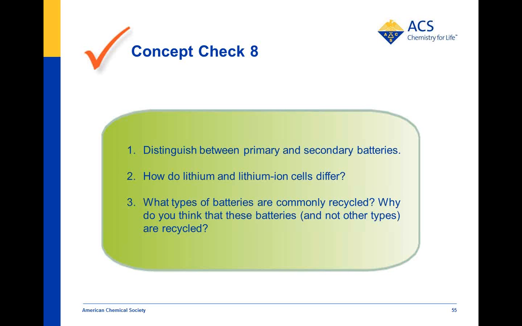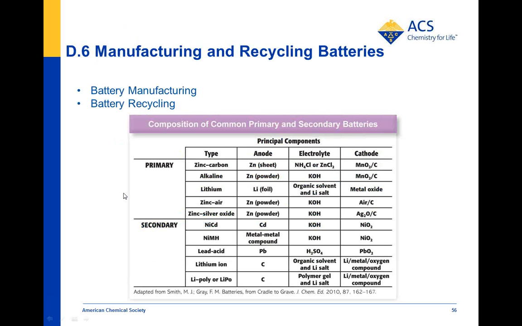Many of the students are aware that they shouldn't go into a landfill, but they don't necessarily understand why, and this is an interesting disaggregator for students to see where they are in terms of understanding the keys to recycling. In D6, we get the manufacturing and recycling of batteries.